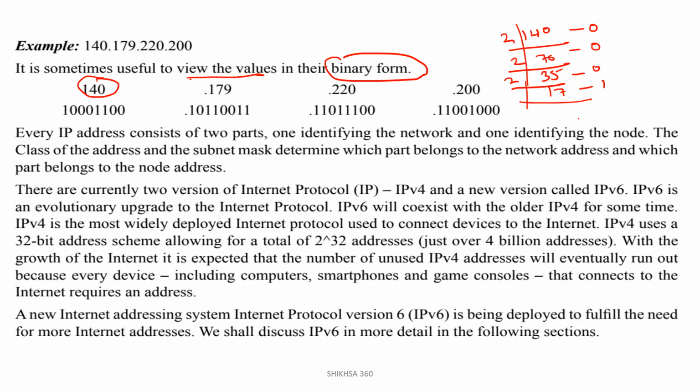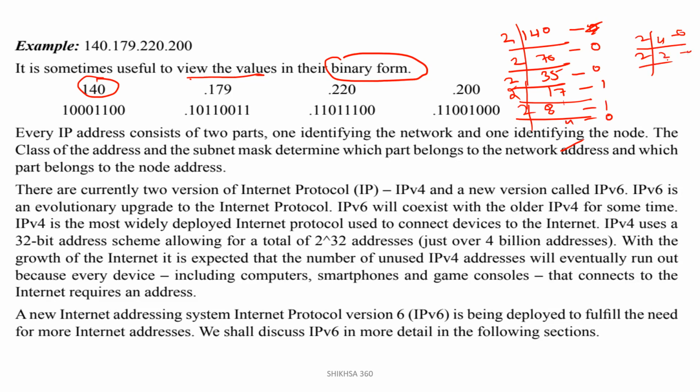So in this way, you are able to understand how it goes on. If you want further, I will explain here. 140 divided by 2 is 70, remainder 0, and so on, up to this point.